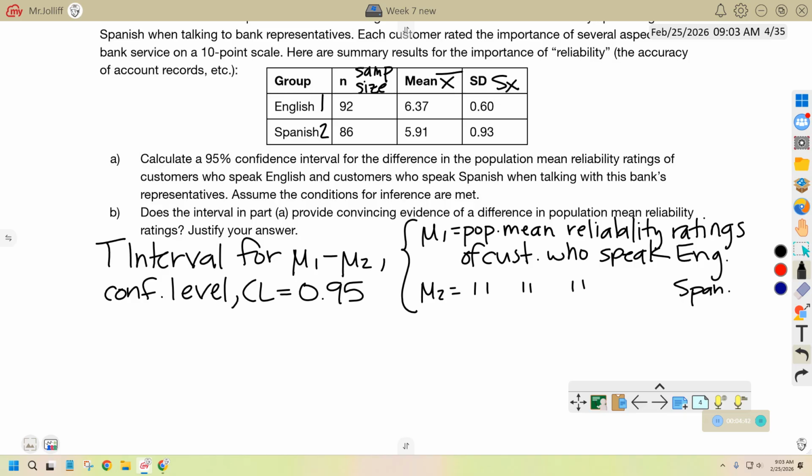So it's a T interval. I'm going to draw a picture for the T distribution. I'm going to slap 95% in the center of that curve.